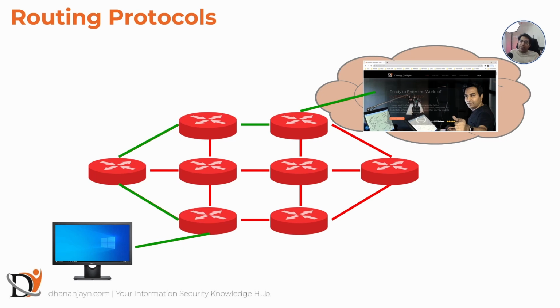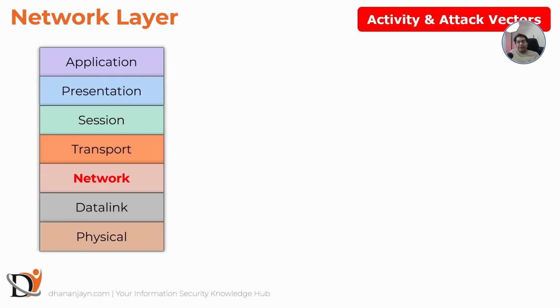Here it could be a distance vector protocol or a link state protocol, basis which the source and destination will communicate with each other. So now once the best path is identified, the website will be displayed to the user.